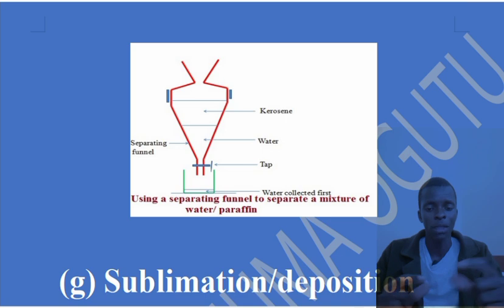Because at the junction where the paraffin and water are meeting, we collect that entire mixture and discard it because it is not pure. Then we test to realize which liquid is water and which liquid is paraffin.